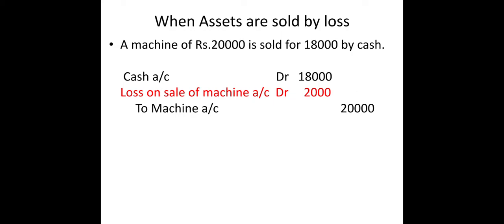So we are not going to write narration, or we are not going to draw lines here. Okay, so this is just for understanding. So I have not drawn lines or narration, but you are supposed to do it in exam. Okay, student, now narration you can write like this, that being machine sold by loss.